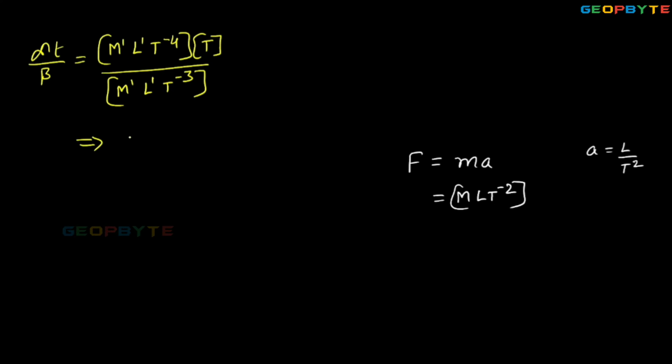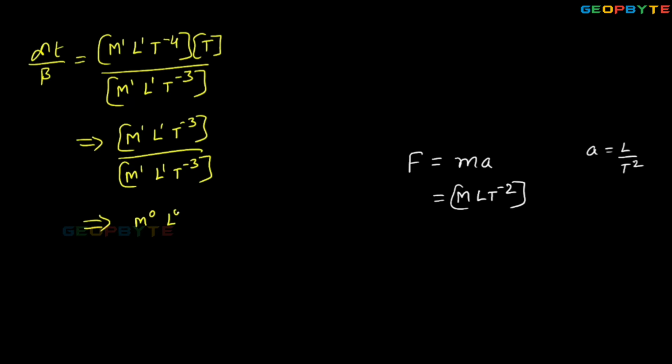It is M L T power minus 4 into T, divided by M power 1, L power 1, T power minus 3. Both are cancelled. Finally it has no dimension: M power 0, L power 0, T power 0.